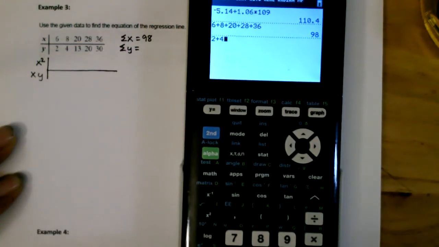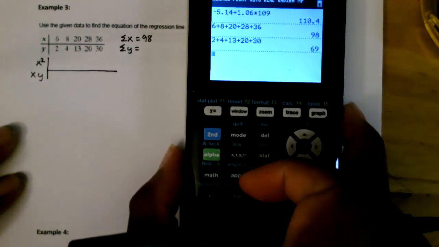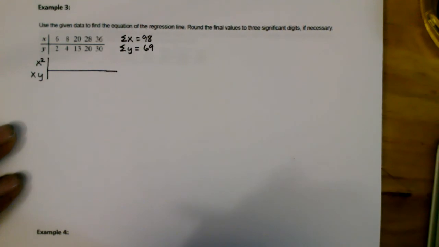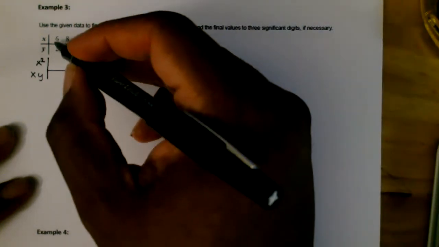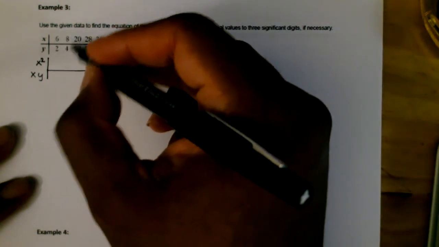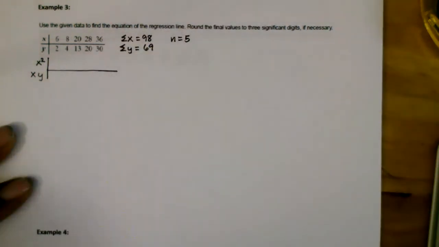So 2 plus 4 plus 13 plus 20 plus 30 gives me 69. So the sum of the y's is 69. I'm also going to write out to the side that n, the number of paired data, is 5. I have 1, 2, 3, 4, 5 pairs of xy data.